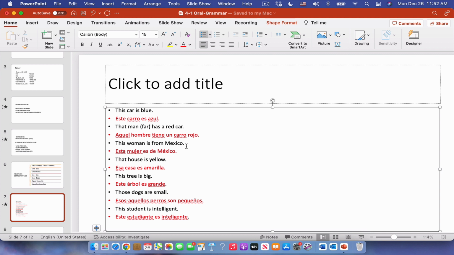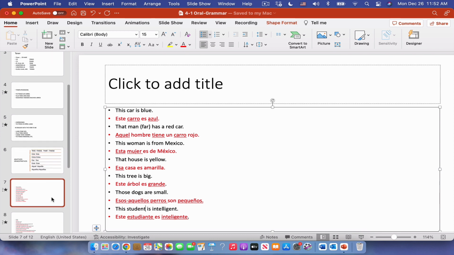This woman is from Mexico. Esta mujer es de México. That house is yellow. Esa casa es amarilla. This tree is big. Este árbol es grande. Those dogs are small. Esos o aquellos perros son pequeños. And this student is intelligent. Este estudiante es inteligente. Yeah?